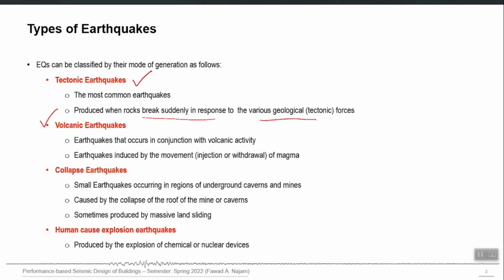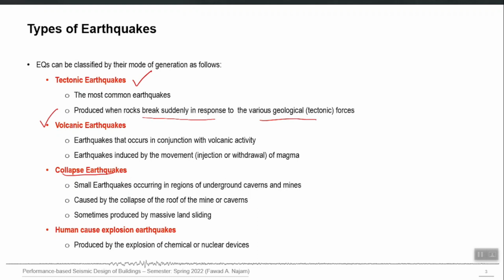So you can say that the plate tectonic theory, which actually explains several of the causes or issues related to earthquakes, also covers this volcanism. So I'll show you what this phenomenon actually is and why it can also cause an earthquake. There can be collapse earthquakes because underground there can be cavities which can just settle down.